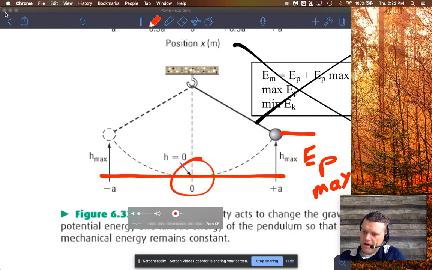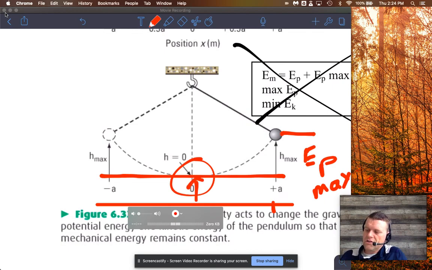When it swings back down to that point, it wouldn't have any potential energy. But in a question, sometimes we define the pendulum with reference to the floor, and now it does have potential energy here. It's just that it has more when it's swung out.